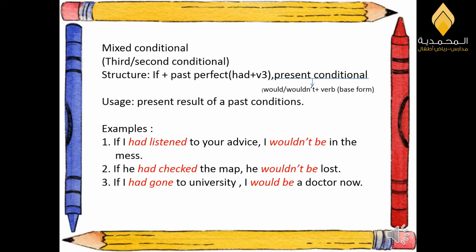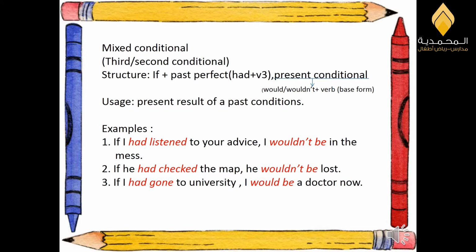So, the past condition here has to be in the past perfect. So I have to use had plus verb 3. Whether the subject is singular or plural, I have to put had. So please put had. Don't use have or has here. Only had. If I had listened to your advice, I would not be in the mess.